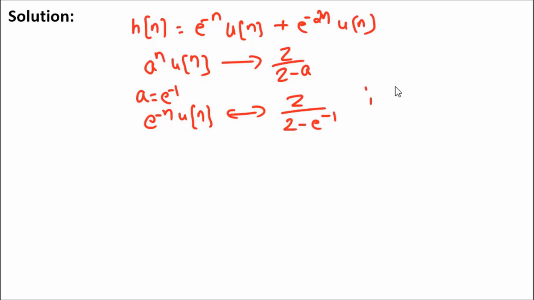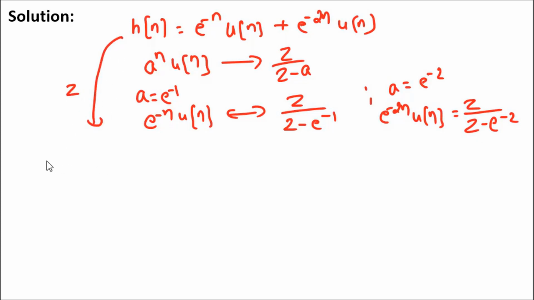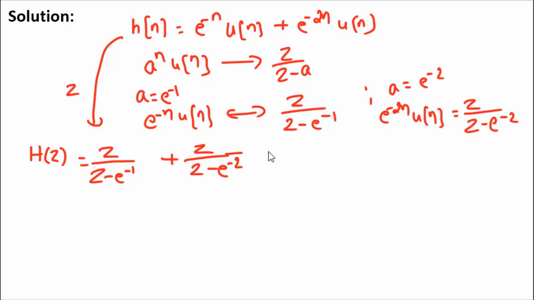Similarly, when you put a equal to e^(−2), you get the z transform of e^(−2n) u(n) as z over (z − e^(−2)). So H(z), the z transform of h(n), becomes z/(z − e^(−1)) + z/(z − e^(−2)).